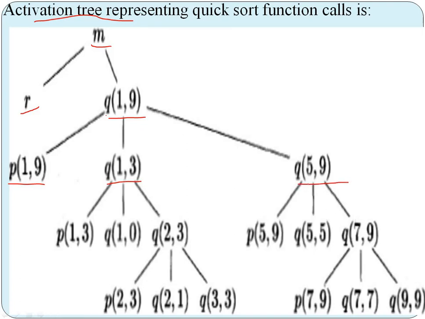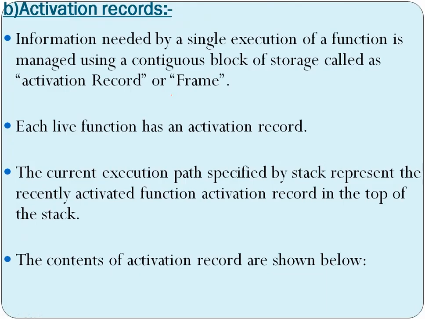Suppose I start here again, in this case it calls partition 5 comma 9 and calls quicksort of 5 comma 5, again calls quicksort of 7 comma 9, and so on. These calling sequences, which function calls which one, are represented in the tree structure. This is called the activation tree. Second one, activation record.